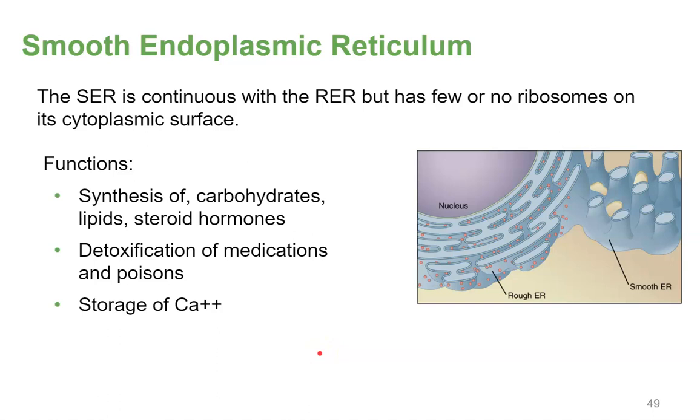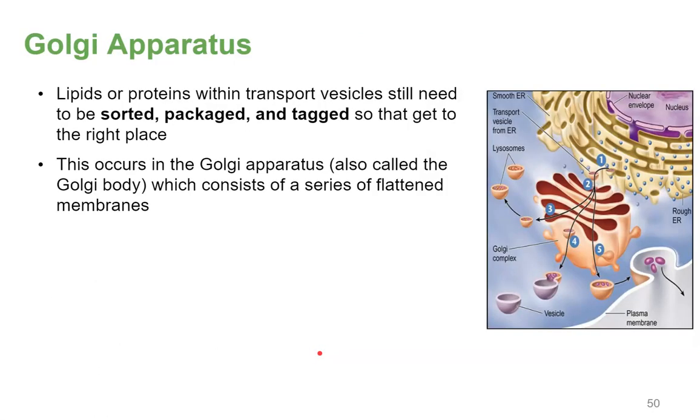Like if you take allergy medicine on a daily basis like myself, your cells probably have some really strong smooth ER organelles in them because that helps detoxify medications. It also stores calcium ions in muscle cells, and calcium helps muscles move and contract.